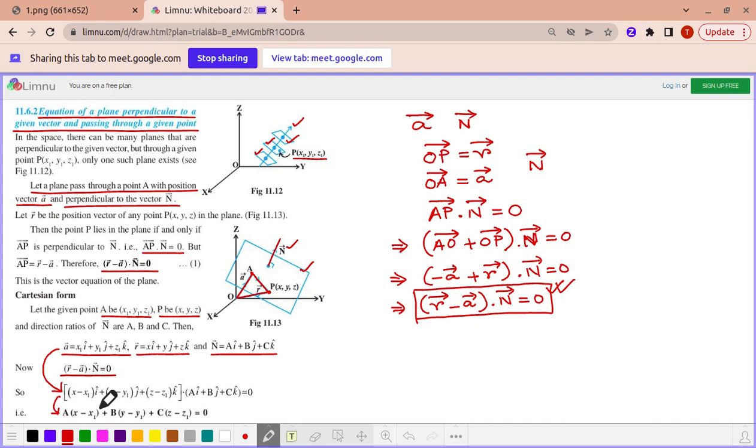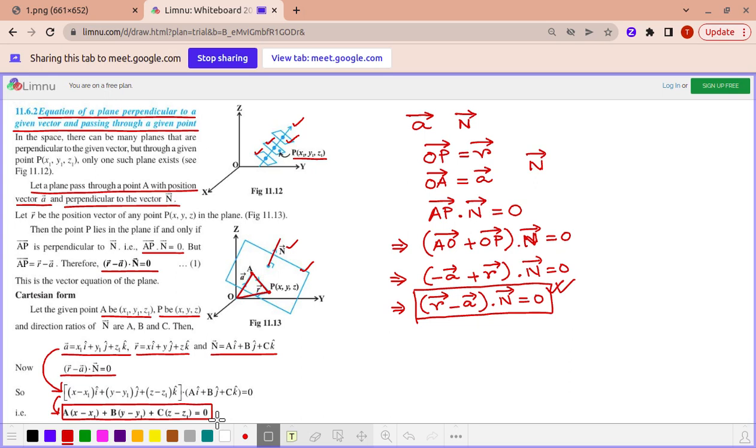So this is the Cartesian equation of a plane passing through a fixed point x1, y1, z1 and perpendicular to a vector n vector, which is described in the component form as capital A i cap plus capital B j cap plus capital C k cap.